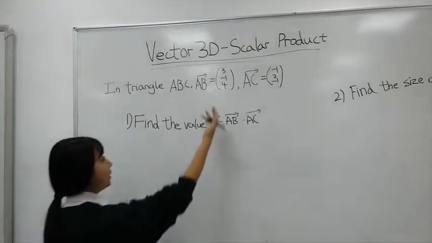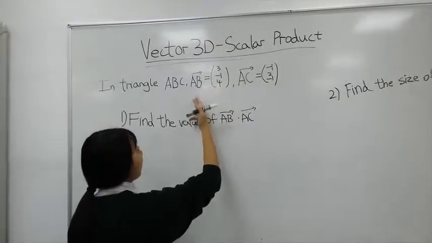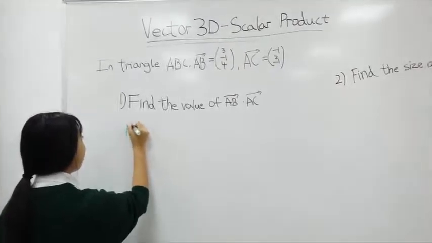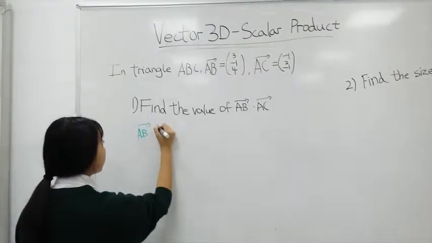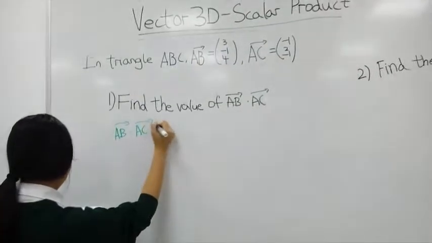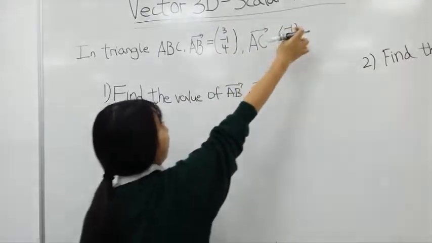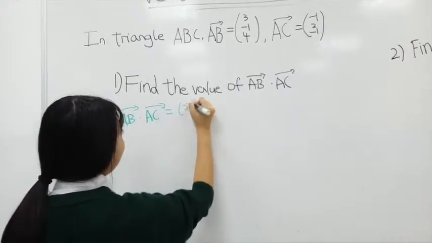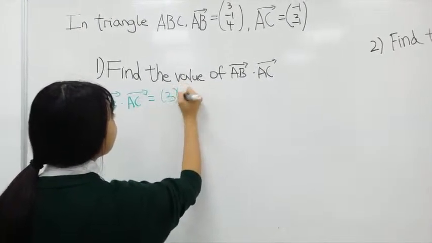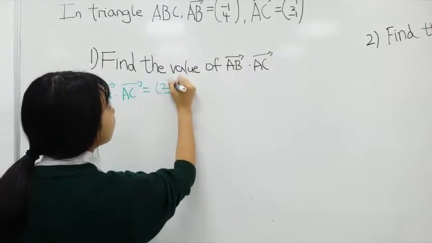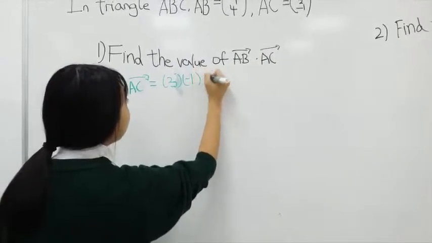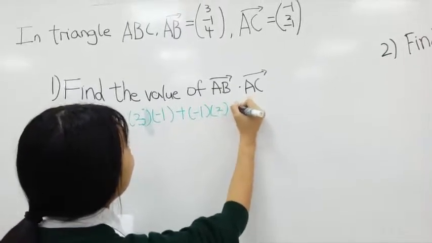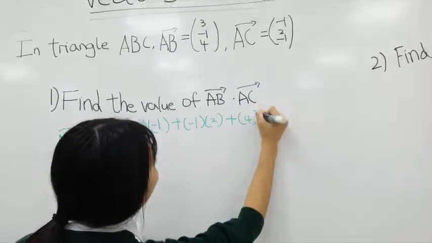And to find that, we need the numbers from vector AB and AC. So the first thing we need to do is take the first component, which is i, of each vector and times them up, which is 3 times minus 1, plus minus 1 times 2, plus 4 times minus 1.